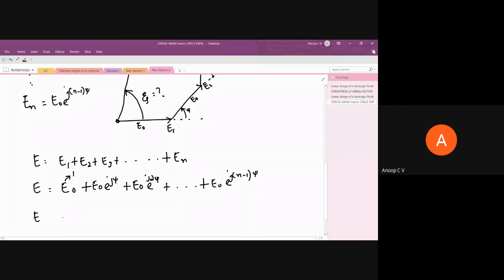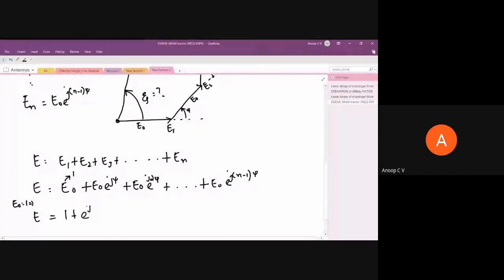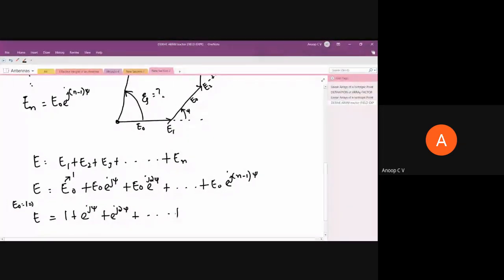So I can write, assuming E naught to be equal to 1, this is 1 plus e power j psi plus e power j times 2 psi plus etc. plus e power j times n minus 1 times psi. So I'm calling it equation number 1.